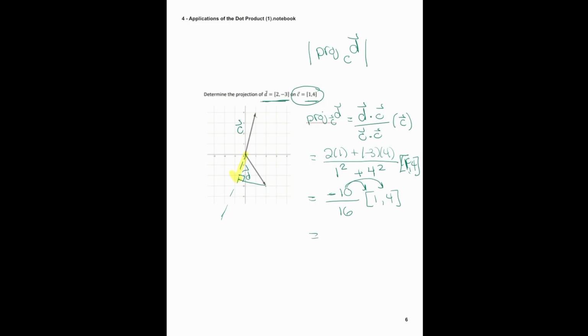So just like we would with multiplication around a bracket. So negative 10 over 16 times 1 is just negative 10 over 16. And then 4 times negative 10 is negative 40 over 16. And that's going to give us our coordinates for the tip of that vector. So we have both the magnitude and now we have the direction.